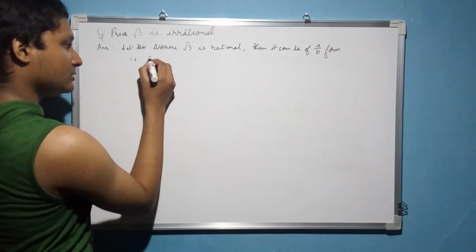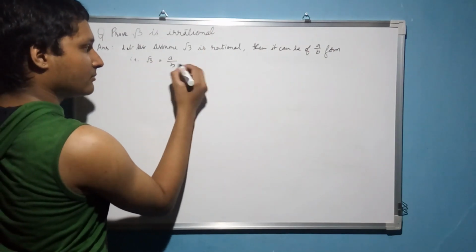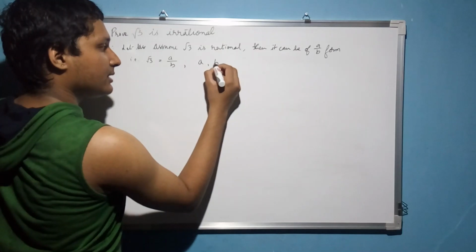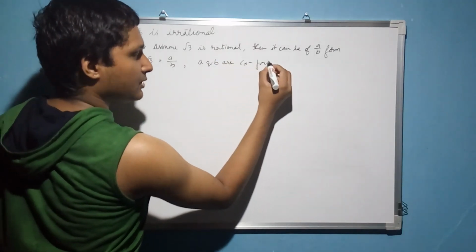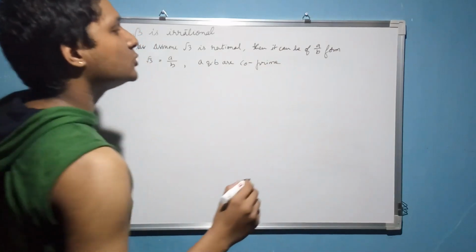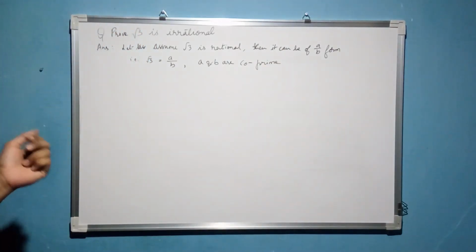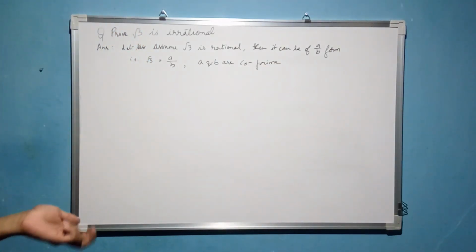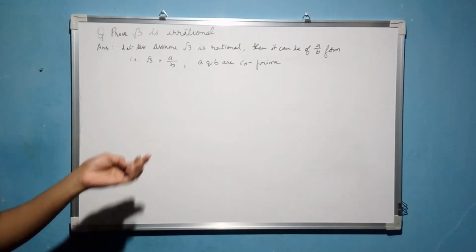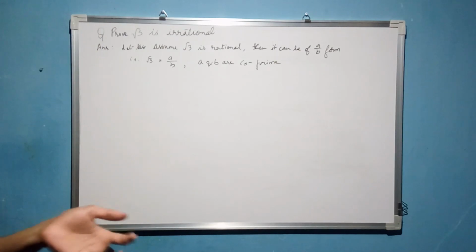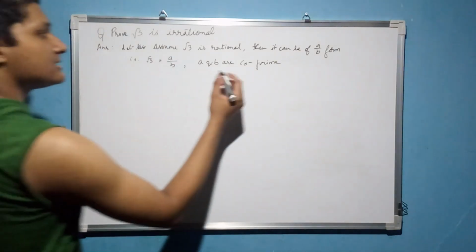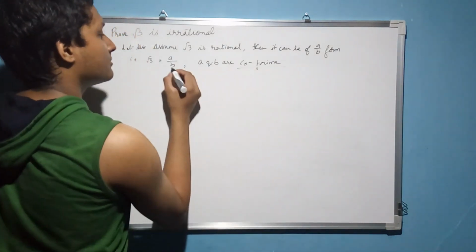That is, root 3 is equal to a by b, where a and b are co-prime. What is the meaning of co-prime? Two numbers, maybe composite numbers or prime numbers, that have their highest common factor as 1 itself and not any other number are called co-prime.